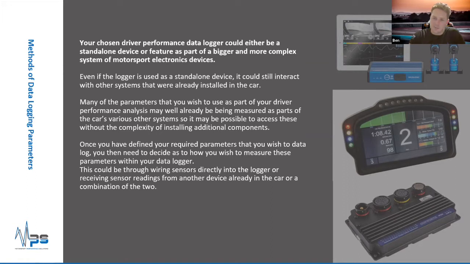So you really need to think about how your systems are going to integrate, how they're going to work into the car, and then you can go from there. Ultimately, they can all do the same job of logging data for the purposes of analysing your driver's performance.